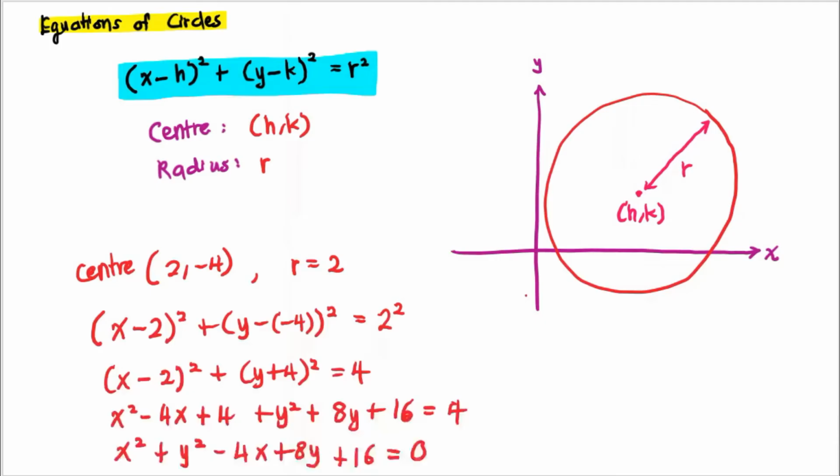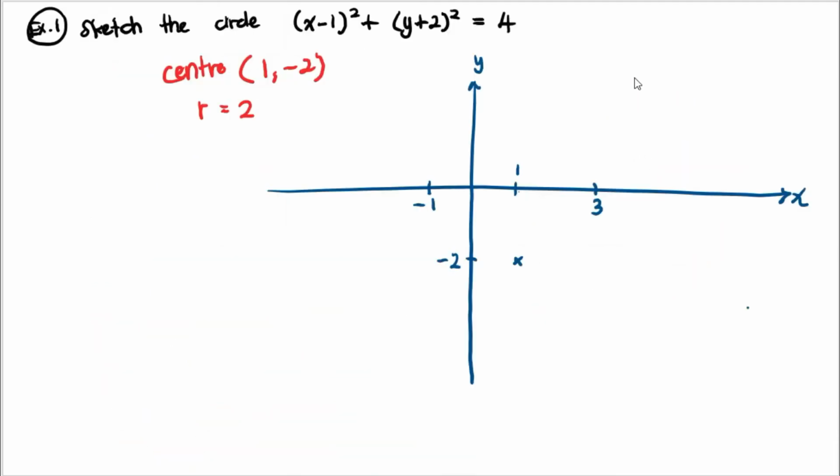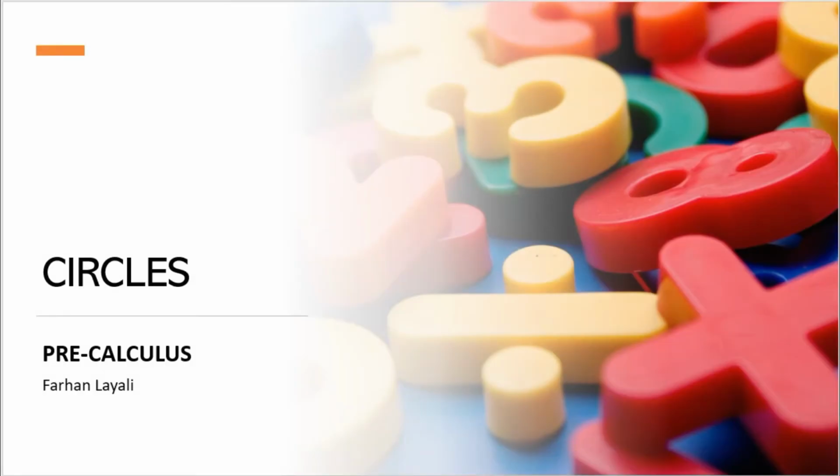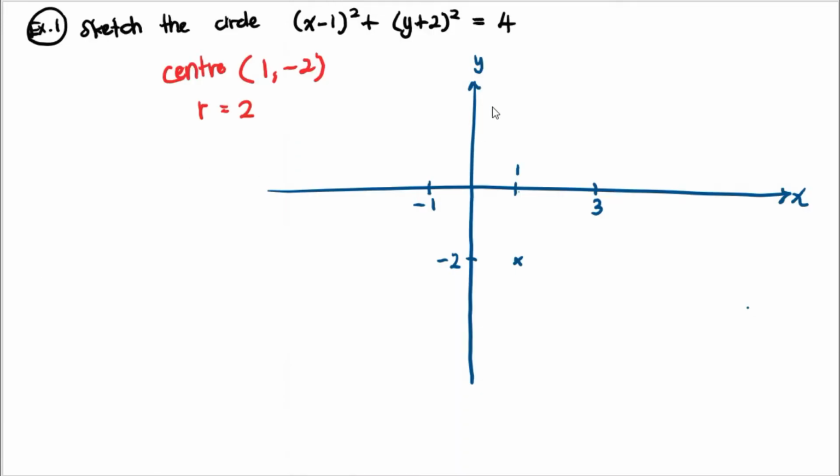So you get -4. That circle will pass through these points. You'll have those points on these, and here. So basically the circle looks like this.